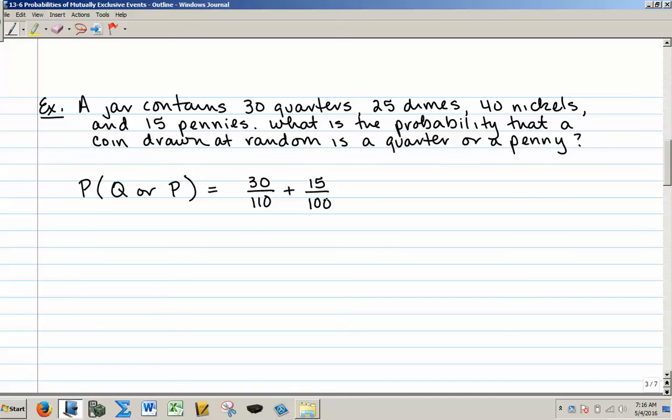Because a coin cannot be both a quarter and a penny at the same time, these are mutually exclusive of each other. So here we just add the probabilities: 45 over 110, and then always reduce your fractions. 9 out of 22.